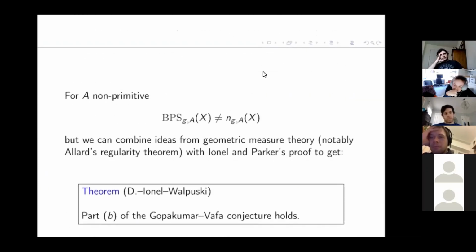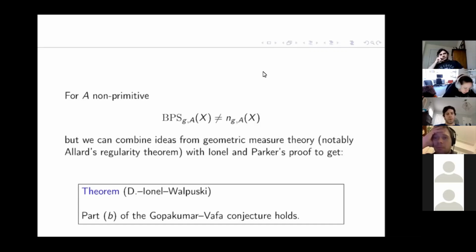Now for A non-primitive, it is no longer true that the BPS number is the naive count. If that were the case, that would be very bad, because I just said that this naive count should not be independent of J, whereas these numbers are defined in terms of the Gromov-Witten invariants, so in particular, do not depend on the choice of the almost complex structure.